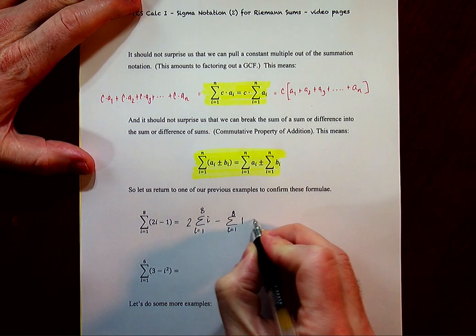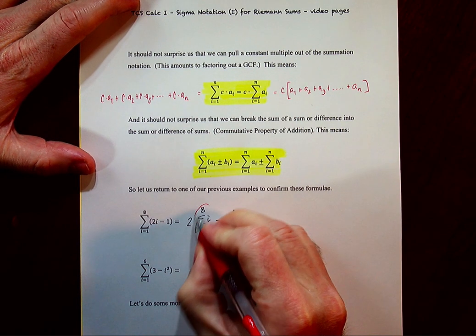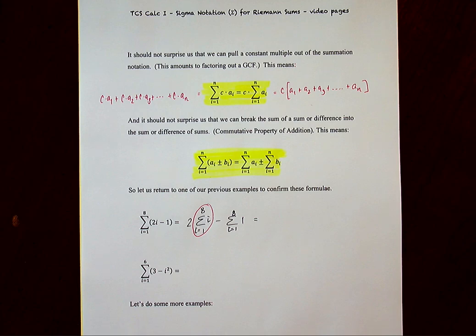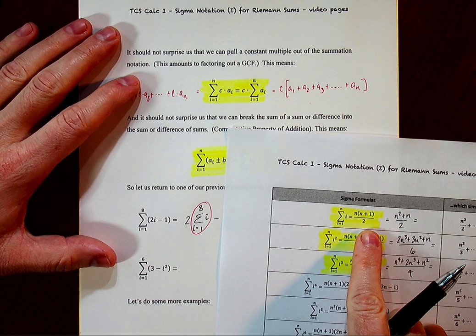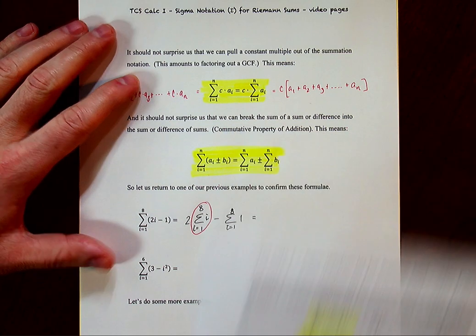And once we've done that, we know that this has a summation formula, right? And that summation formula was the first one that I asked you to memorize. It's this one, okay? So we need to use n times n plus 1 over 2.